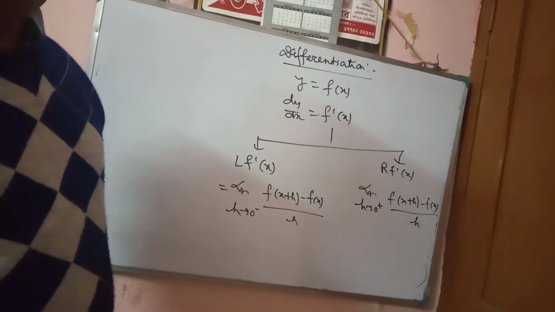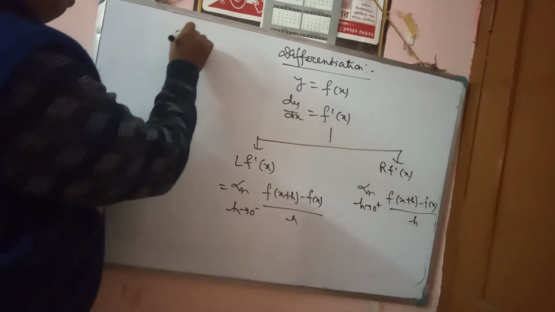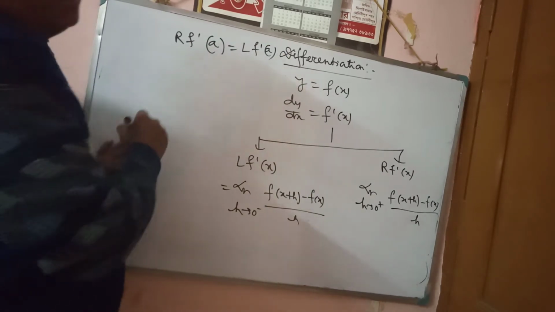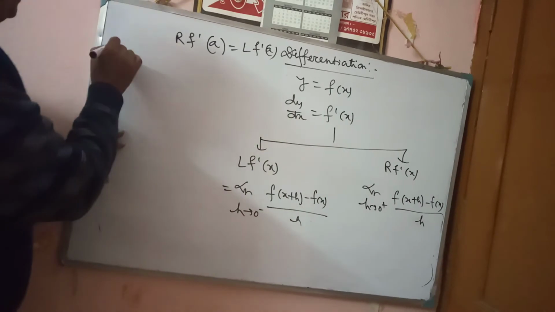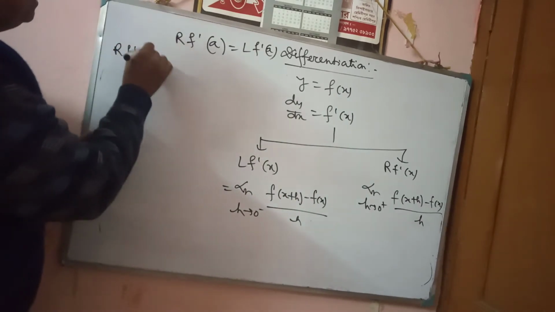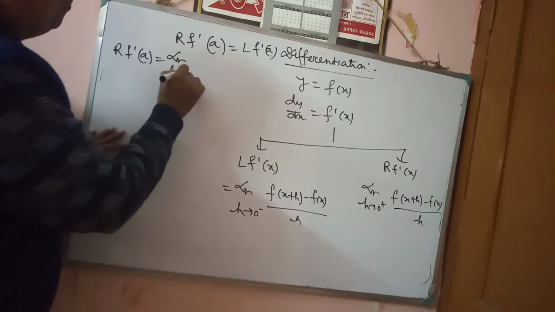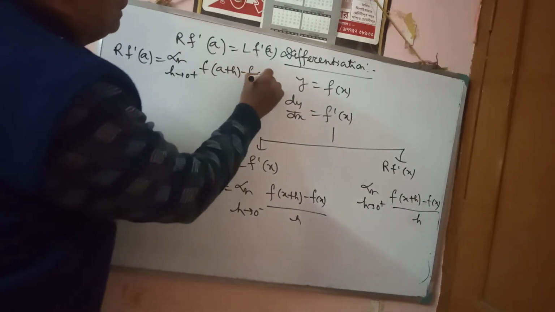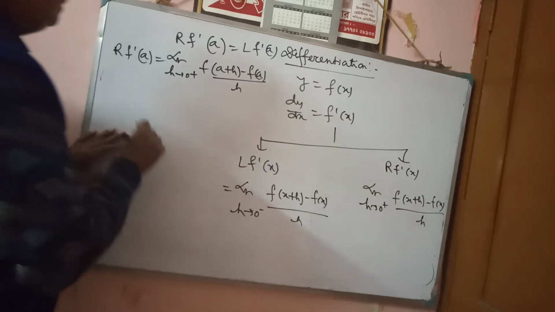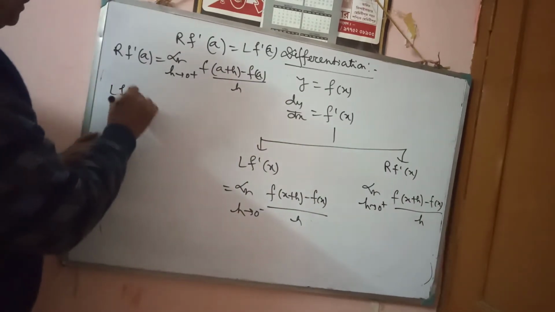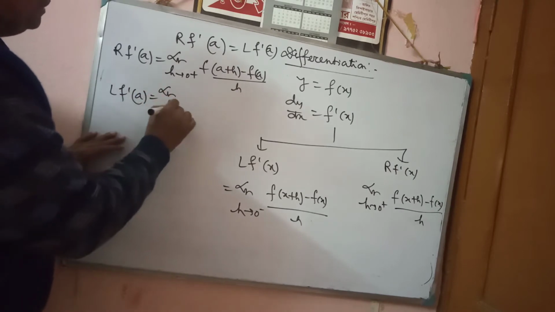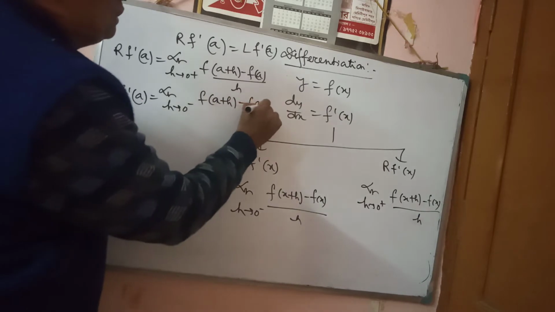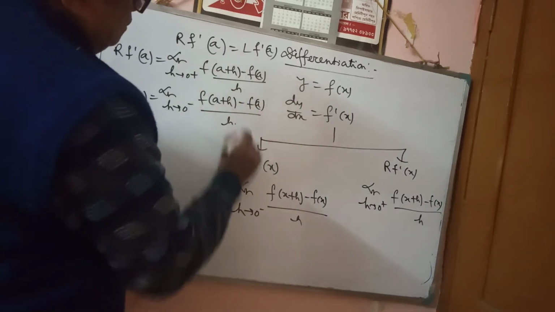Suppose at the point x equal to a, R f dash a equals L f dash a, where R f dash a equals limit h tends to 0 plus of f of a plus h minus f of a, divided by h, and L f dash a equals limit h tends to 0 minus of f of a plus h minus f of a, divided by h.